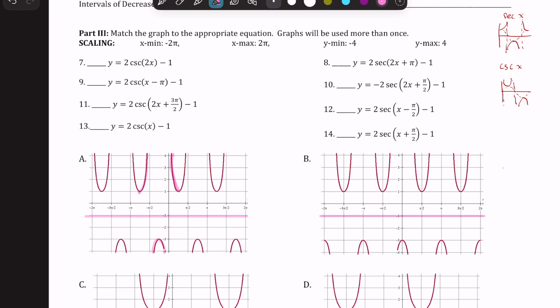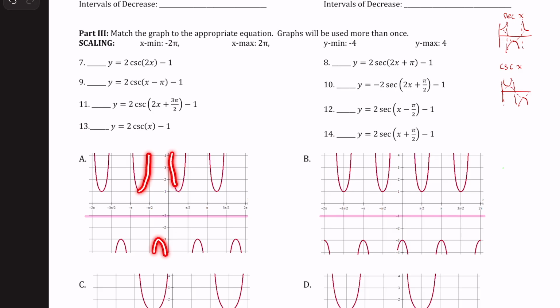Let's use different colors because this one is not showing up. This part and that part, that's a secant graph, just one cycle of it. This, that, and this is a secant graph, just shifted. Or I could even look here, and there is also a secant graph. It's reflected.